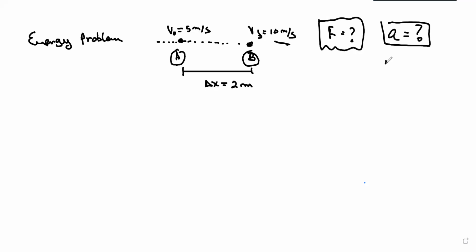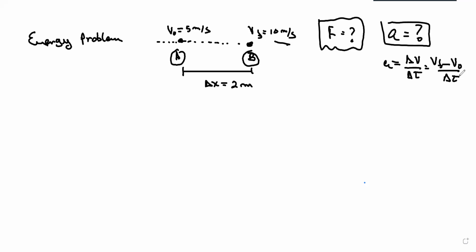Remember that acceleration is delta V over delta T. That means you have a final velocity minus an initial velocity, and you divide that by delta T. And you do have that here.